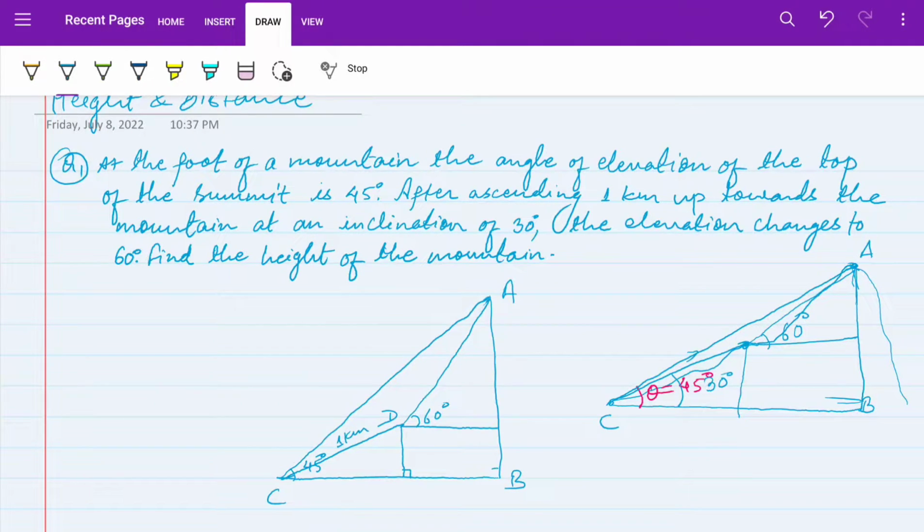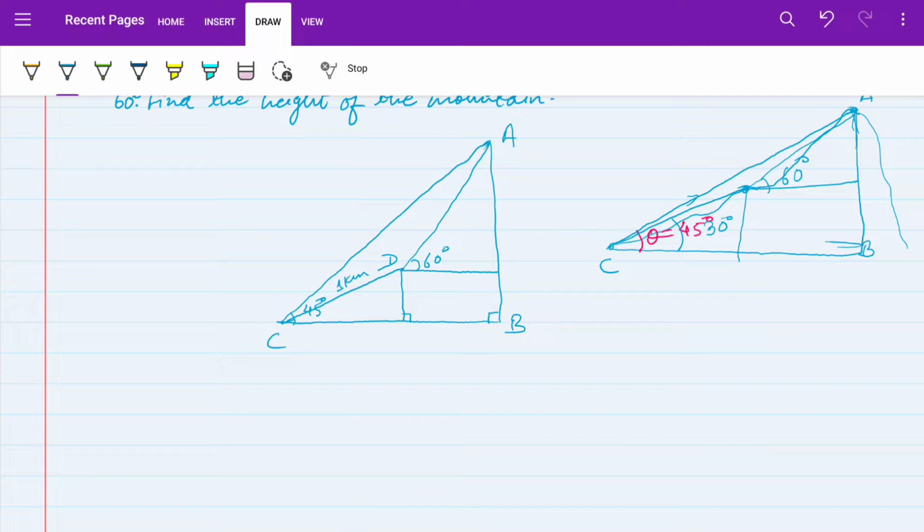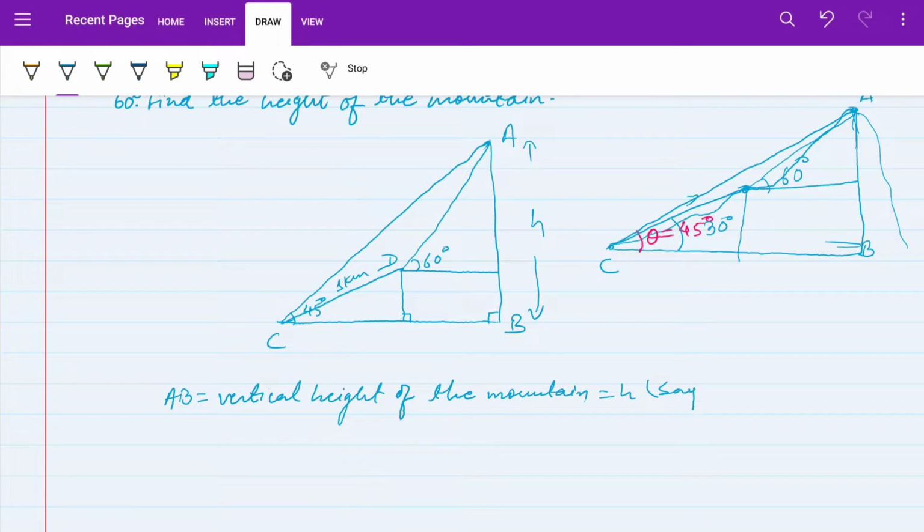So this is perpendicular, so the vertical height of the mountain is also considered 90 degrees there. So let's write a few things here. AB is the vertical height of the mountain. Now we don't know it, so we'll consider this height as h. So we are going to suppose this is h.